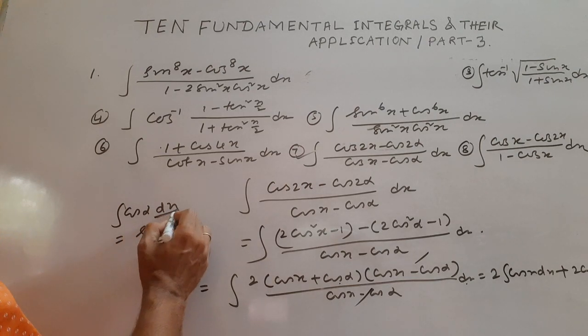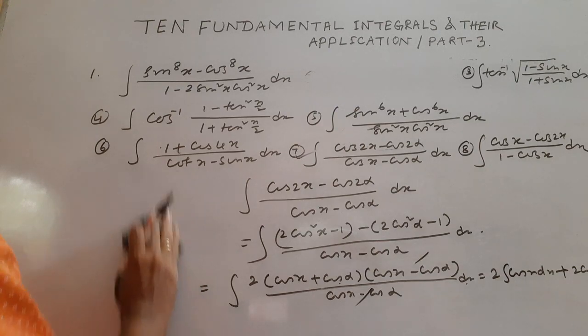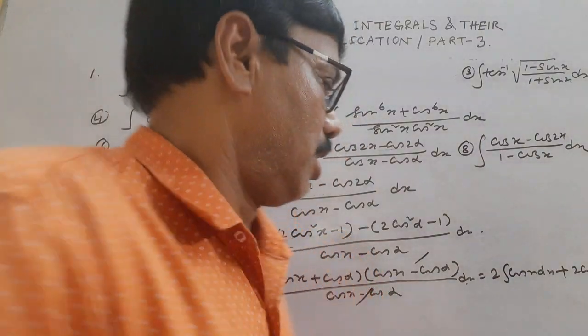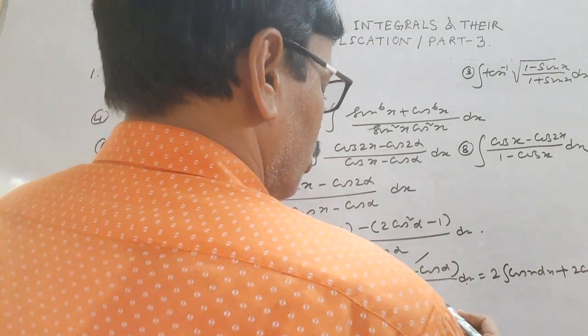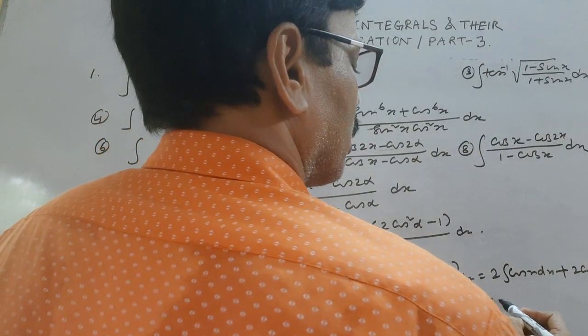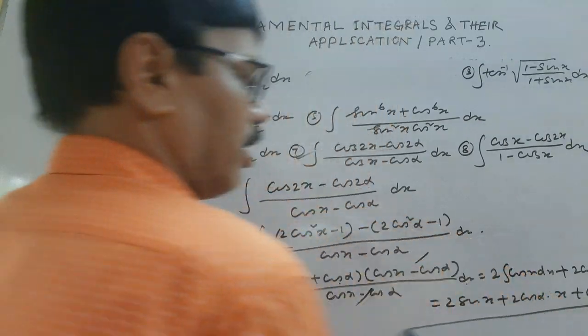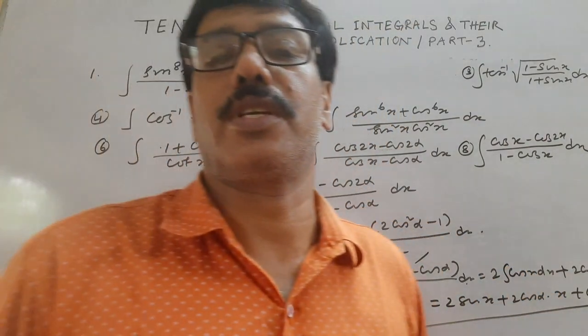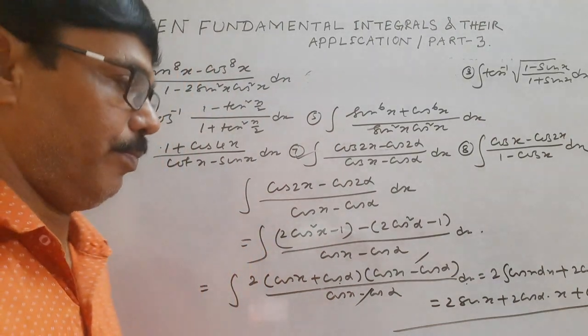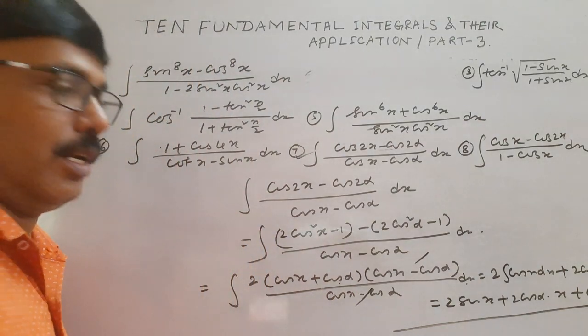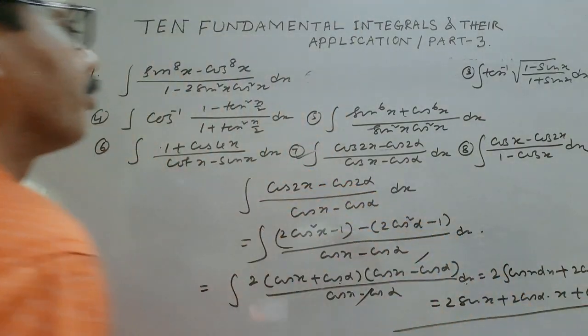You are performing integration with respect to x. Now finally 2 sin x plus 2 cos alpha into x plus c1 plus c2, this is c. So finally you are getting the answer.